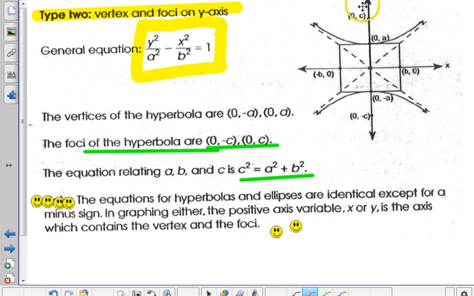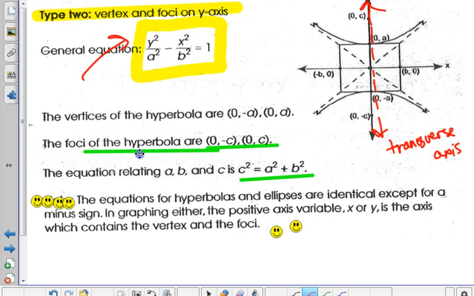This has a transverse axis that goes this way, which is vertically, and therefore it is a vertical hyperbola, and I know that from looking at the equation, the y, because the y is the positive, okay?